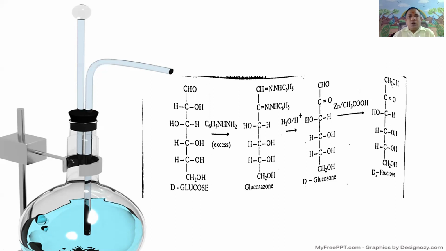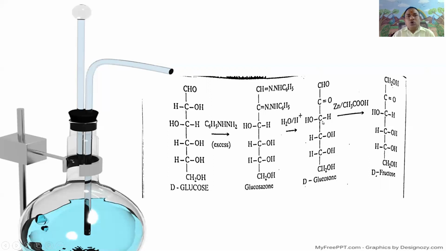First step, glucose upon treatment with excess of phenylhydrazine hydrochloride gives a yellow solid crystalline derivative, osazone, glucosazone. This glucosazone on acid hydrolysis gives osone or glucosone.